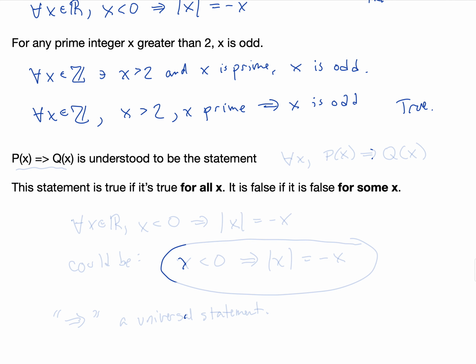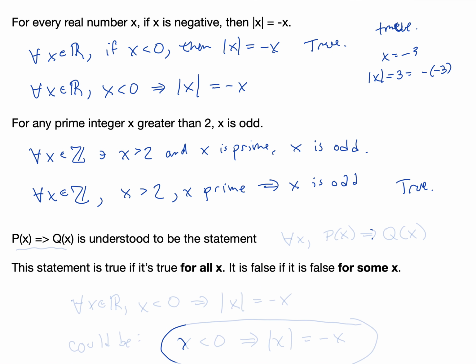So let's just think about those last two just a little bit, those places where we could use an implies statement. The first one, we said for any x in the real numbers, x less than 0 implies the absolute value of x is equal to negative x. This could also be written as just x less than 0 implies absolute value of x is equal to negative x.